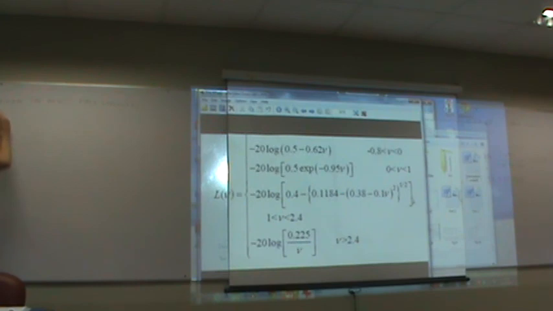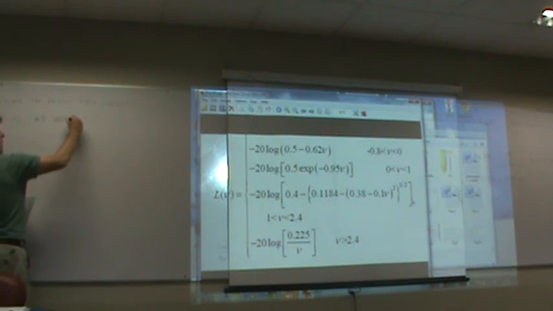I would like to have the result in dB with respect to 1 microvolt per meter. For the following geometry, at 100 kilometers of distance.